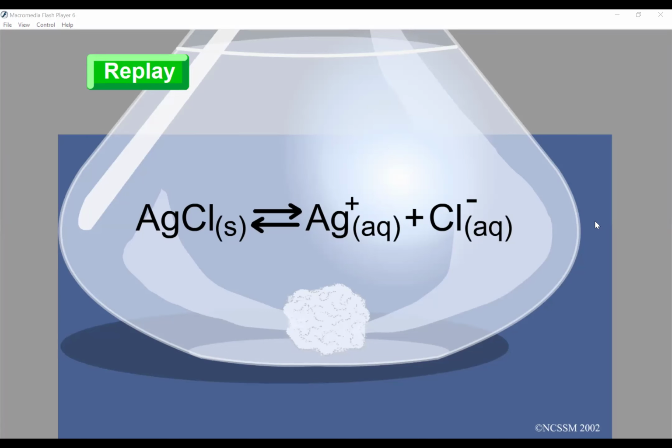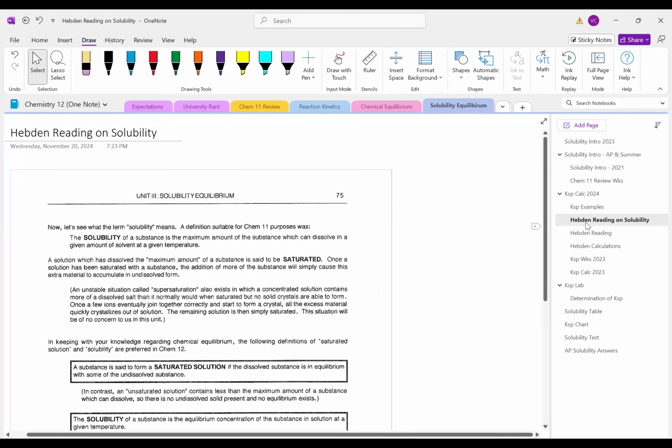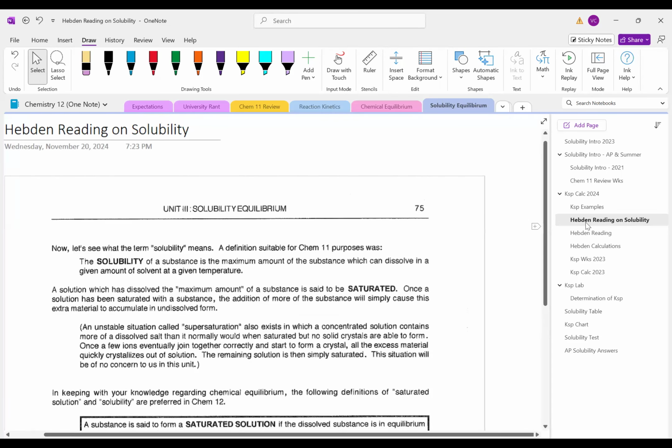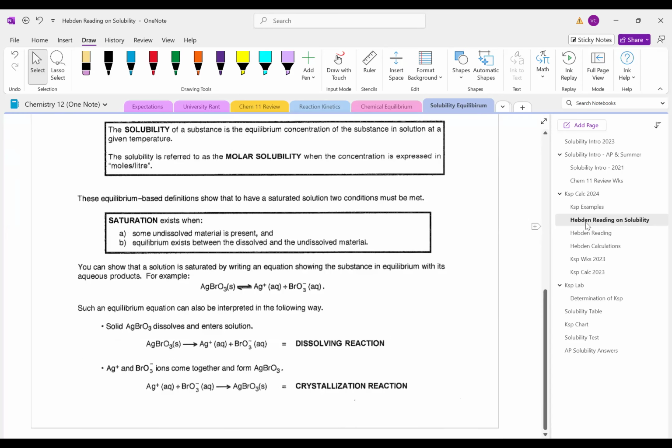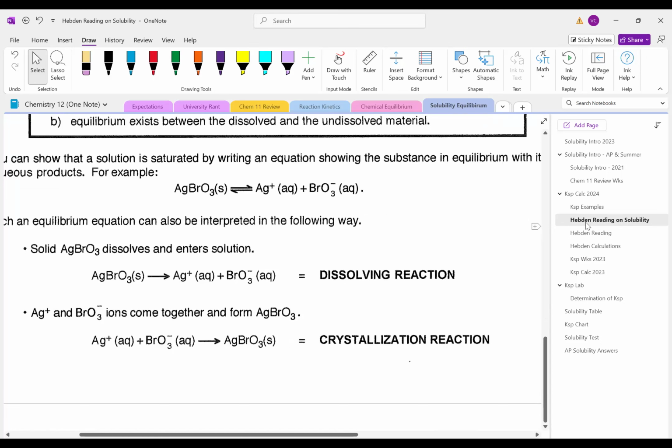When you read in your textbook on page number 75, at the bottom they talk about how dissolving is going from a solid to ions, and the ions coming together to form a solid.